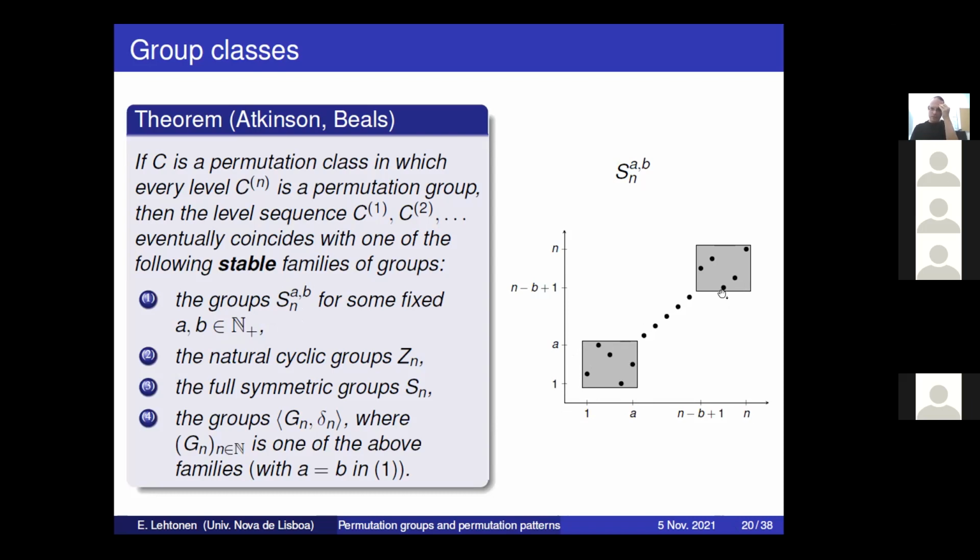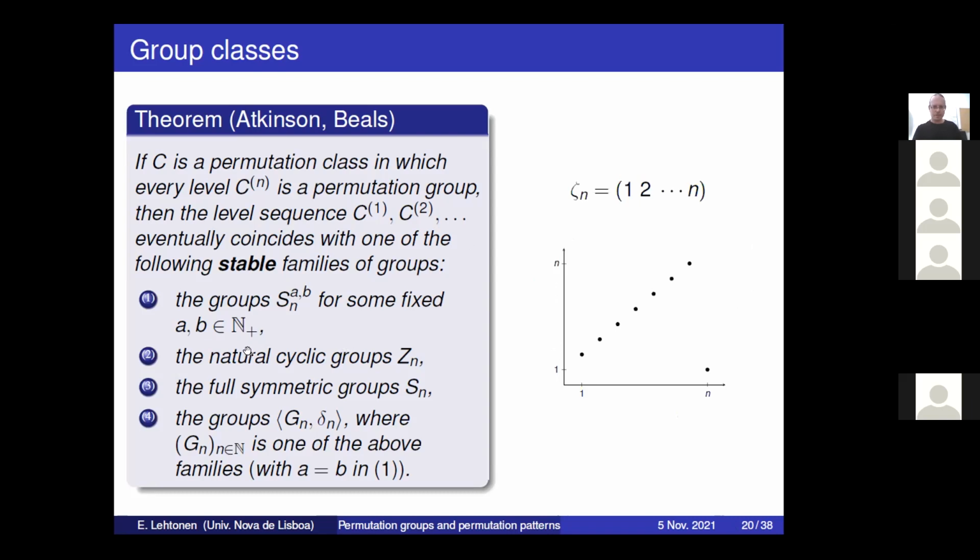And then we have also the B biggest numbers in the set of the n elements, and we map the B biggest numbers to B biggest numbers. Everything that lies between the A smallest and the B biggest numbers will be fixed by the permutations. So S_{A,B}(n) will be the set of all permutations of this form.